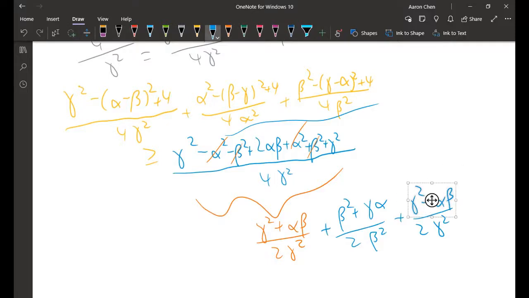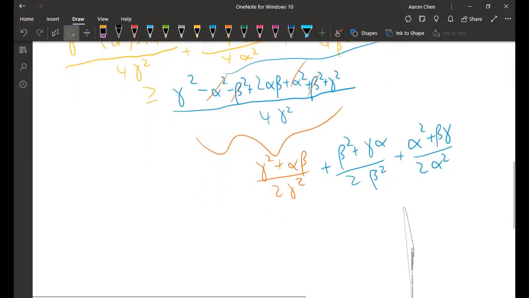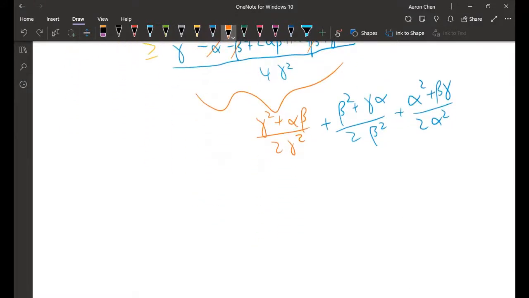That should be alpha squared plus beta gamma over 2 alpha squared. And so this is just equal to 3 halves plus alpha beta over 2 gamma squared plus beta gamma over 2 alpha squared plus gamma alpha over 2 beta squared.